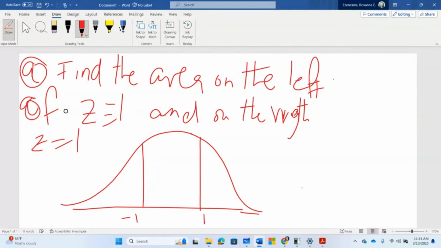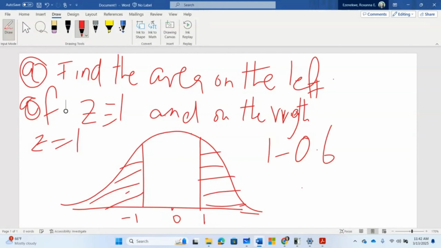You know, we can find this with the empirical rule, because the empirical rule says that we're actually looking for area to the right and area to the left. And these two areas will be equal. But guess what? We know that area under the normal curve is 1. So all we have to do is 1 minus 68% according to the empirical rule.